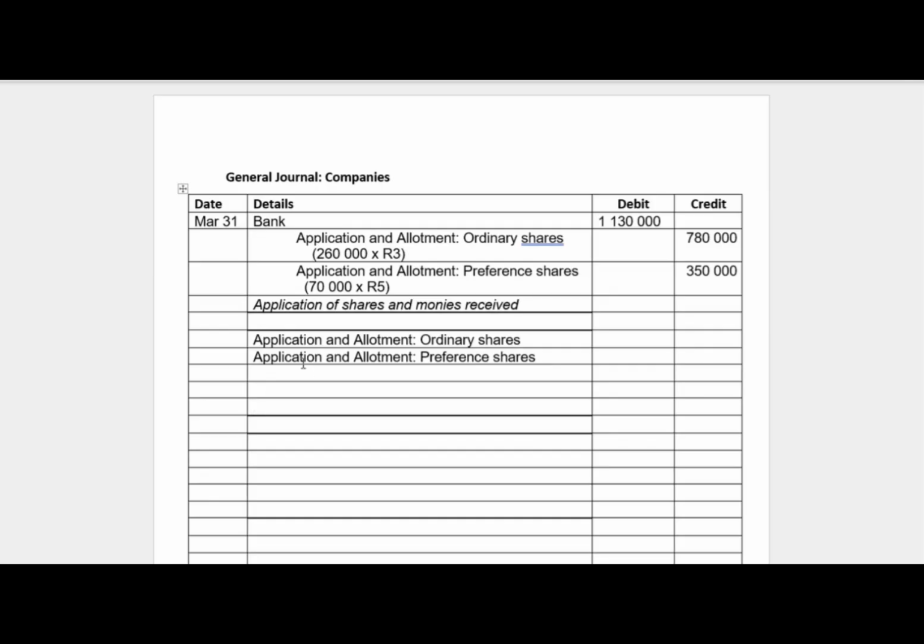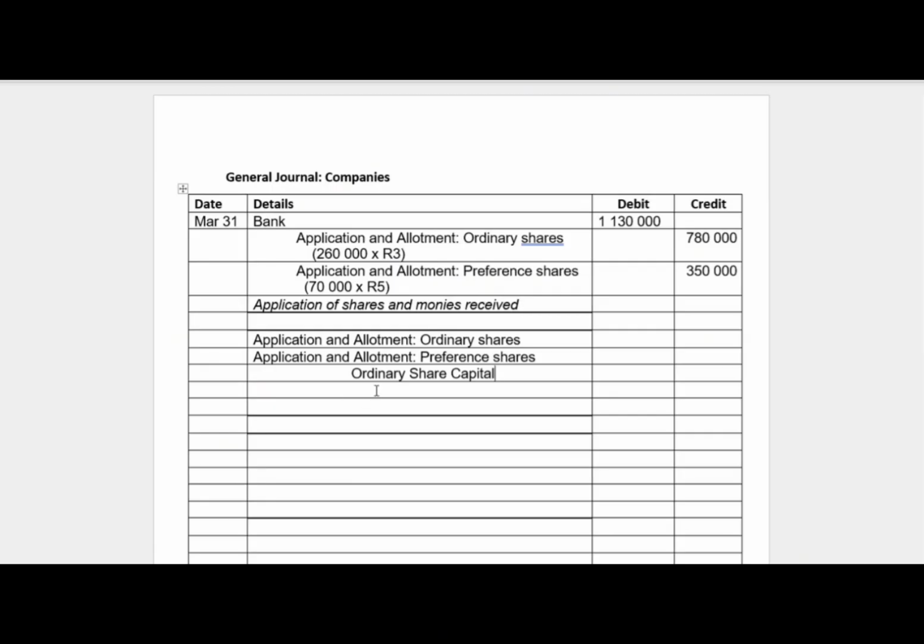All right. And then remember, we are allocating capital, right? So when we allocate these shares now, they become capital. So when we allocate, we are going to credit ordinary share capital. All right.